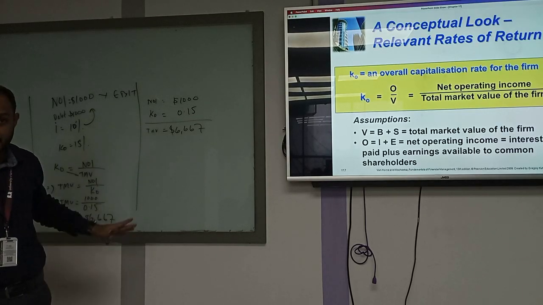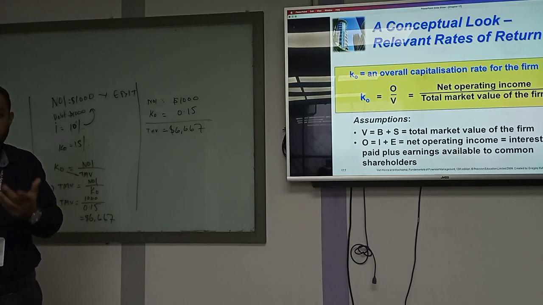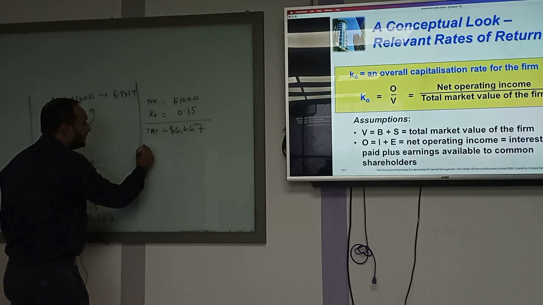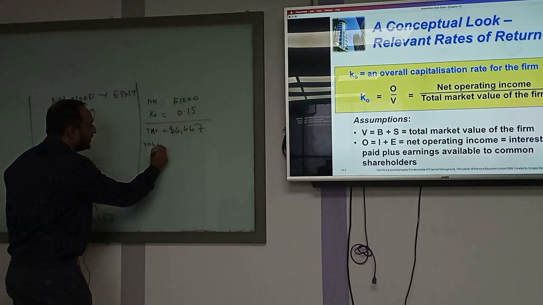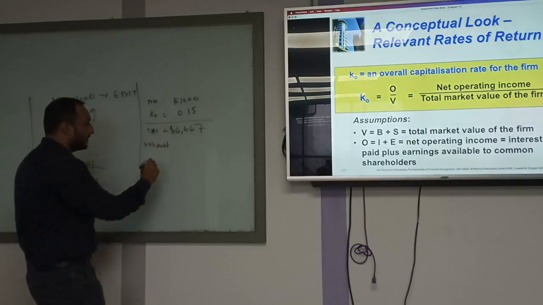So for calculating the return on equity, I need the value of common stockholders. What is their value, right? So what is given to me? Here it is given the value of debt, which is $1,000, right?